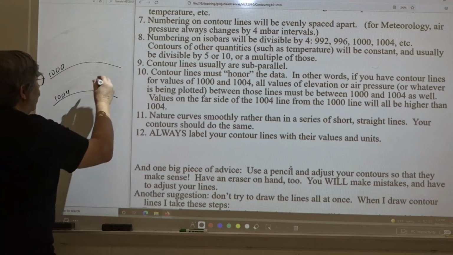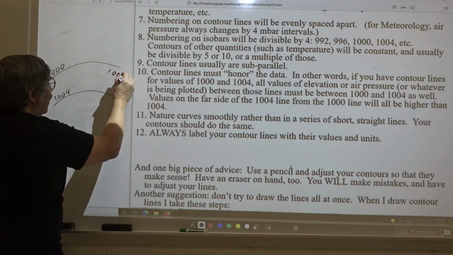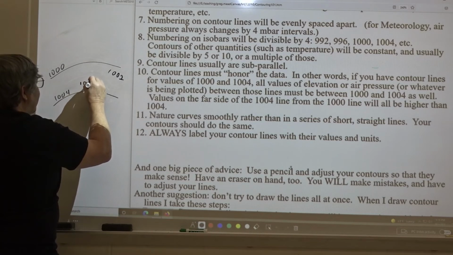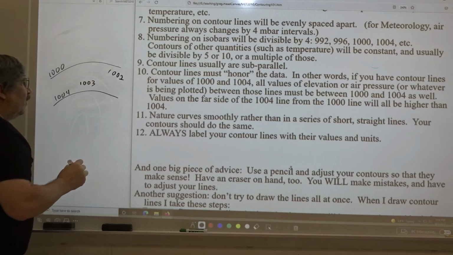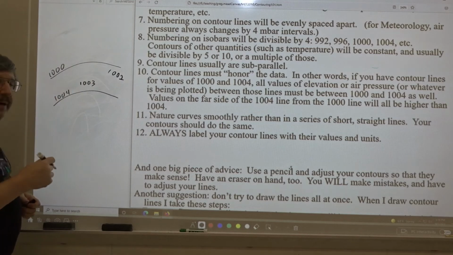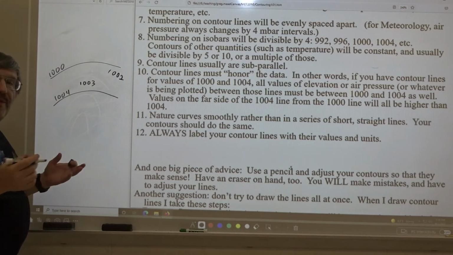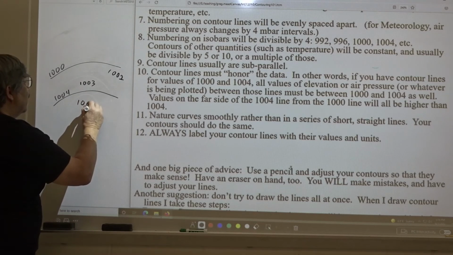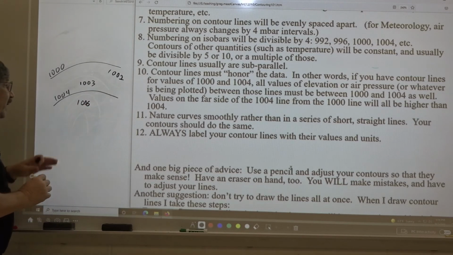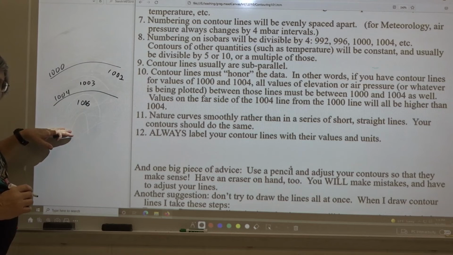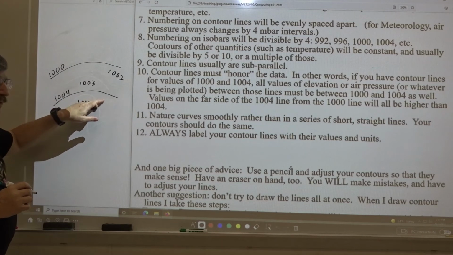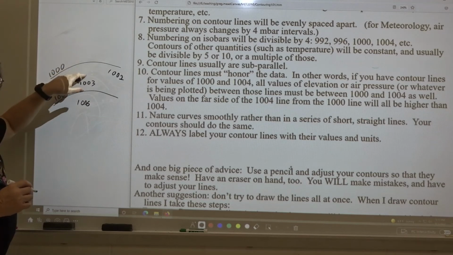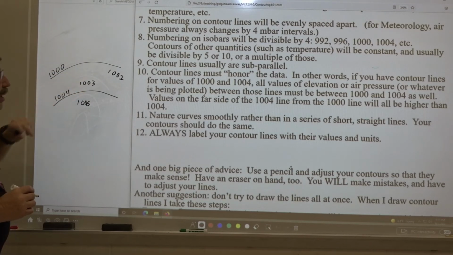And so you might see a 1,002 millibar point there. You might see a 1,003 millibar point. You might see a 1,001, but you will not see a 1,006 millibar. 1,006 millibars will be on this side of the 1,004 contour, and all values on the other side of the 1,000 millibar contour line will be less.